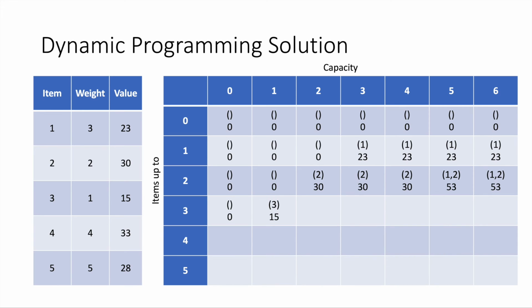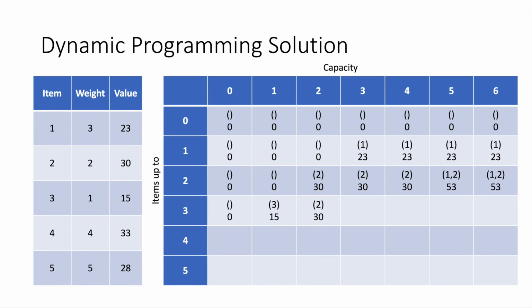And this plus item 3 would be just item 3. And with a value of 15, this is not better than the capacity 2 optimal solution for up to 2 items, which is the set of item 2 with a value of 30. So this becomes the optimal solution for up to 3 items with capacity 2.